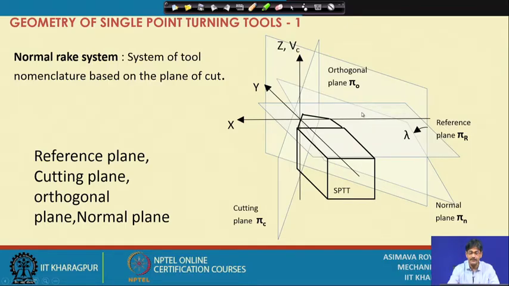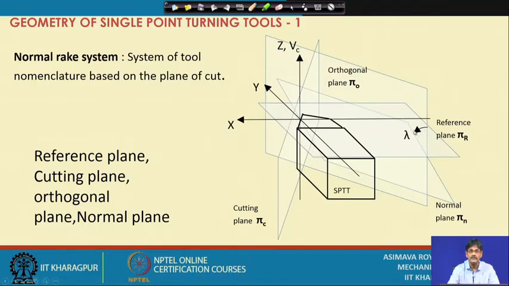But instead of being perpendicular to the cutting plane, if we have a plane perpendicular to the cutting edge, it will be inclined from the orthogonal plane by the angle lambda, or inclination angle.